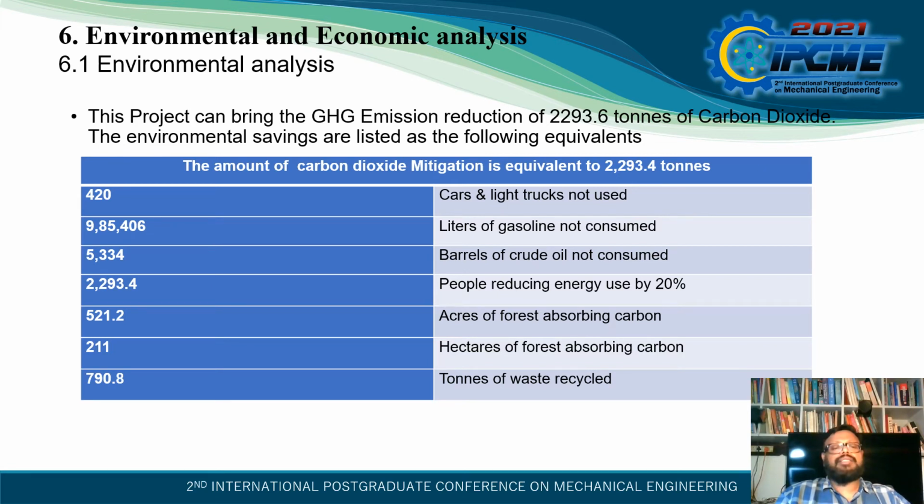about 9,85,406 liters of gasoline not consumed, 5,334 barrels of crude oil not consumed, 2,293 people reducing energy by 20%, 521.2 acres of forest absorbing carbon, 211 hectares of forest absorbing carbon, 790.8 tons of waste recycled.